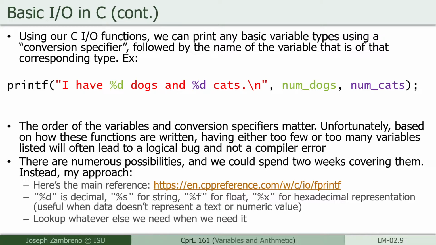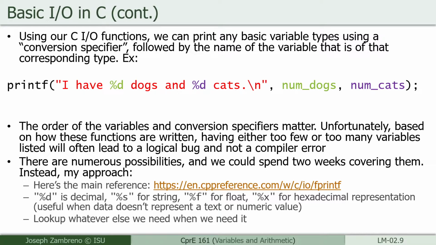In this example we're printing out, I have %d dogs and %d cats. And each of these are those conversion or format specifiers that are saying, after I've finished up what this string is going to be for printing, I need to then provide the value of, in this case, an integer for our first %d, and then a second integer for that second %d for the number of dogs potentially and the number of cats. The order matters, so that's a little bit tricky here.